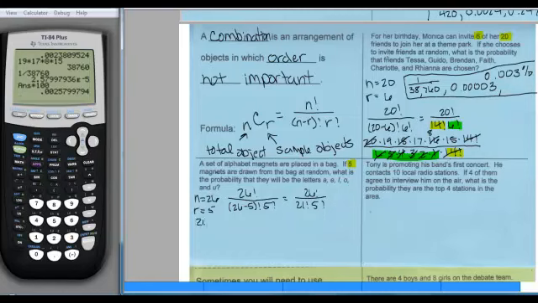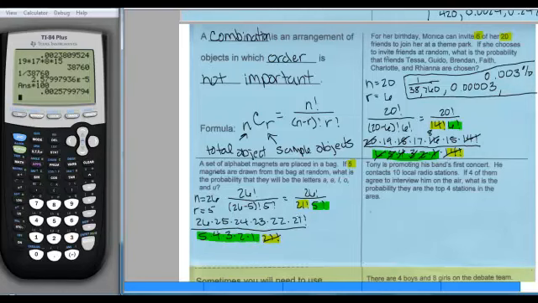So that's 26 times 25 times 24 times 23 times 22 times 21 factorial, all over 5 times 4 times 3 times 2 times 1 times 21 factorial. The 21 factorial is here, and the 5 factorial is all of this, so that's where that went.